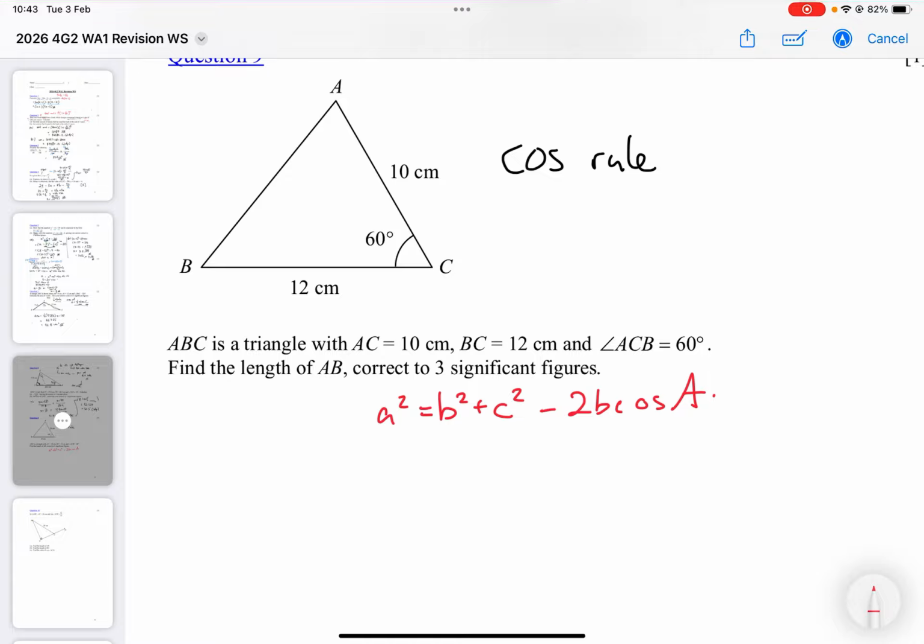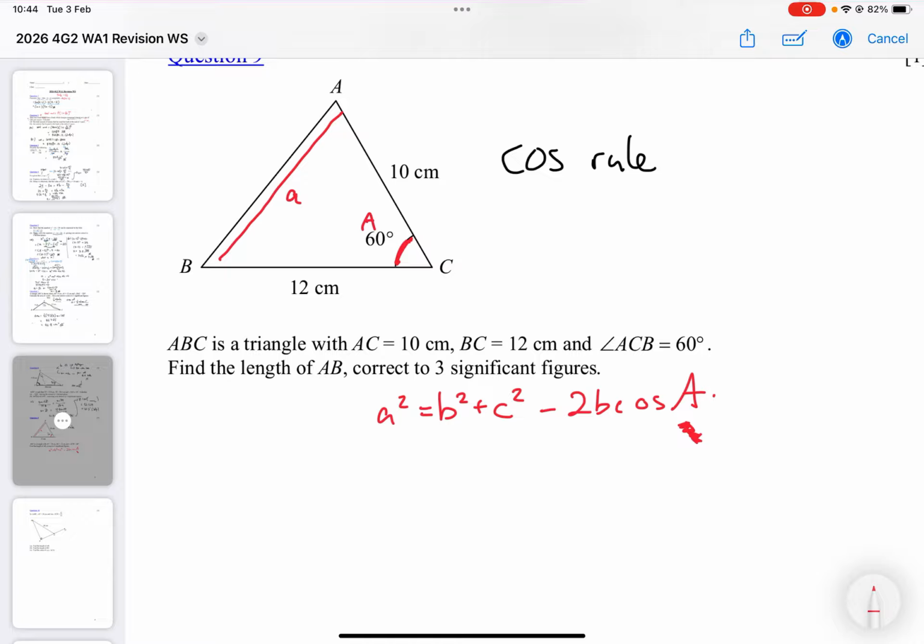In this case you only know one angle, this 60 degrees, so looking at your formula, it can only be this A. You don't care about the alphabets that are written there, that is just the name. The angle is this A. If this angle is A, it means the side opposite this angle is a.